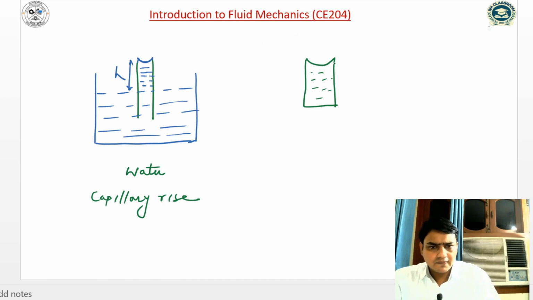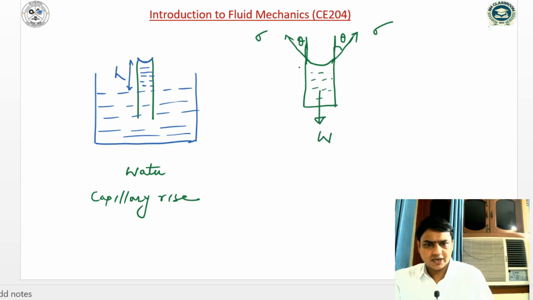Here, if I draw a tangent on this portion, this is the surface tension sigma, and this contact angle is theta. This is also theta, and the weight of this is W, and this height is H.